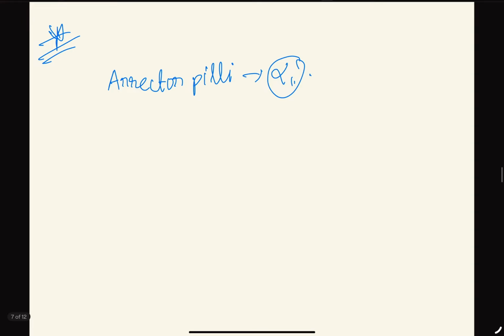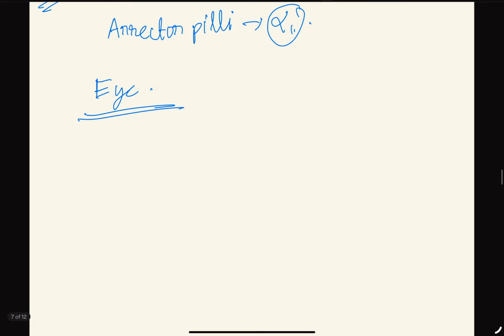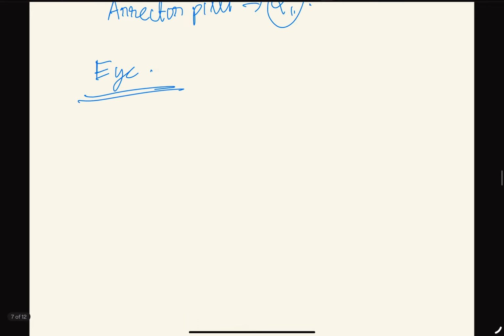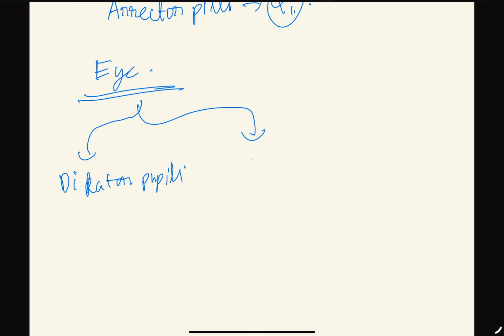Okay, so let's see what about the eyes. There are two types of muscles in the eye: dilator pupillae and constrictor pupillae.